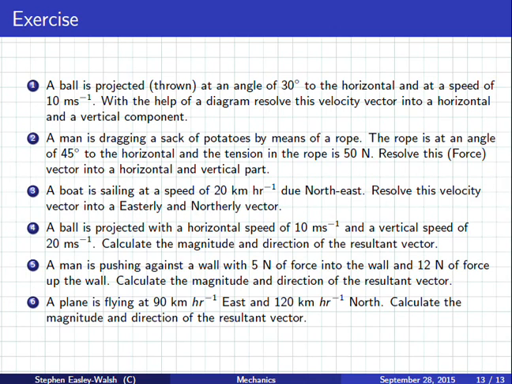So if you can hit in on your calculator 15 sine 30, let's see what we get. 7.5 kilometers per hour. And then the other one? Are you supposed to write the direction as well? I will when I get the answer in a moment.